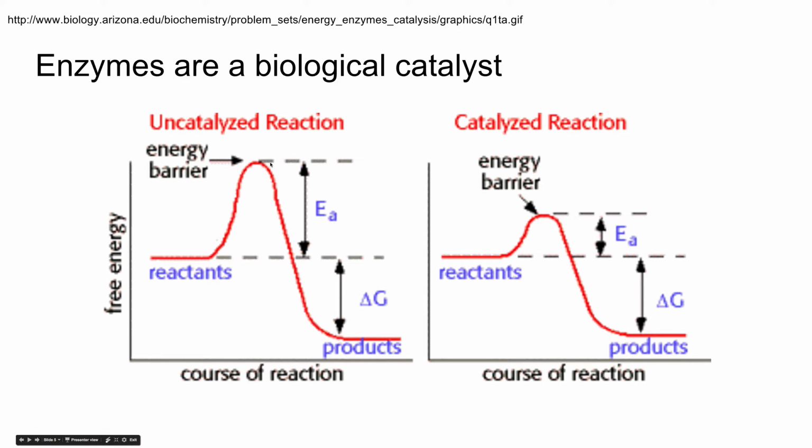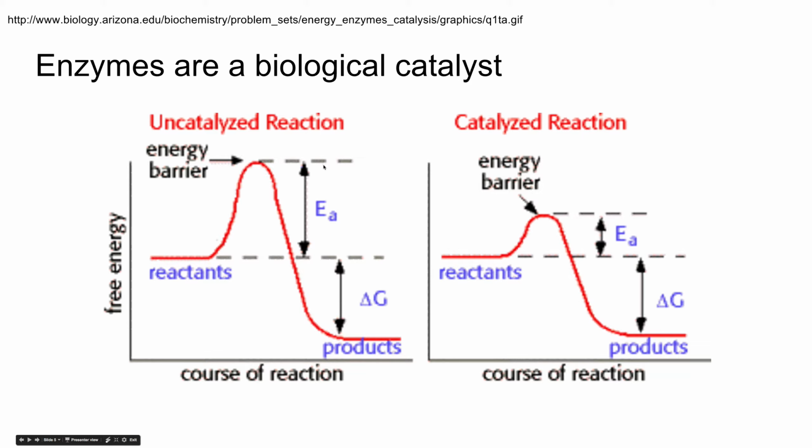What enzymes do is they increase the likelihood of a reaction occurring, meaning they make this energy barrier smaller. And if you make it more probable that a reaction will occur, what that turns out to mean is more reactions will occur. And if more reactions occur, we say it got faster. But in reality, it increases the likelihood of a chemical reaction occurring.